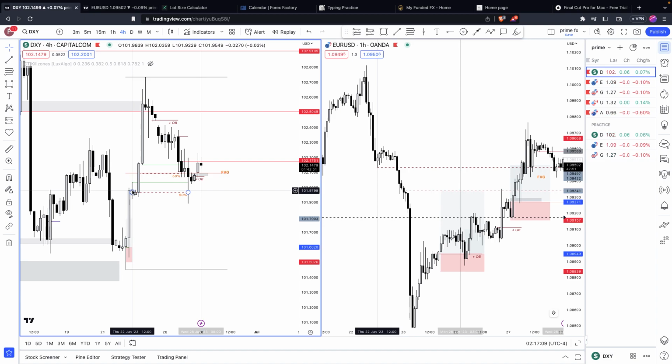So I was looking at price to actually reject from this order block, and then when I saw this, I wasn't really convinced that price was still bullish, because if it's going to be bullish, I'm looking to see price be bullish at this price point, and then be bearish to get to this zone. And at this zone was where I was looking to see what price was going to do.